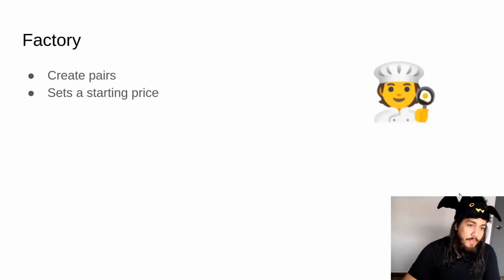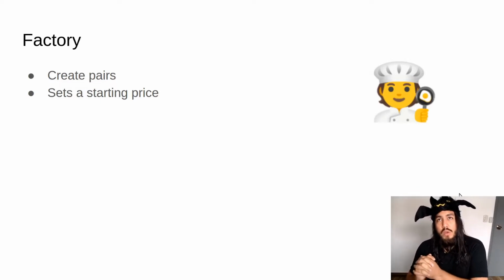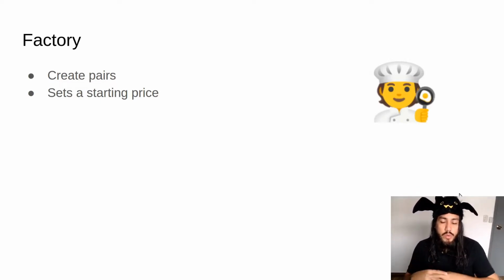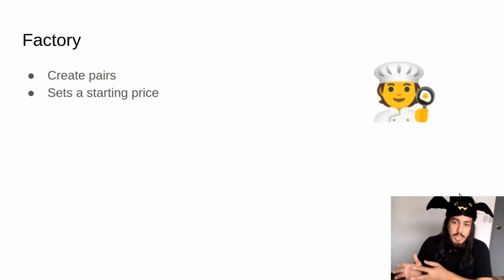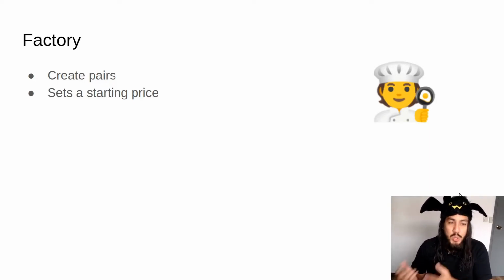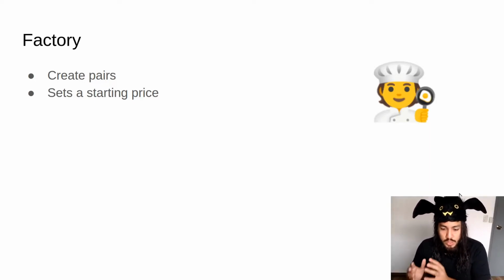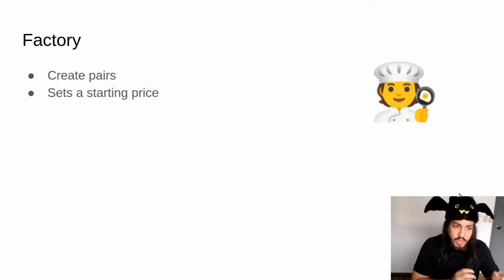The factory is very important because in smart contracts and in programming jargon we call factories the contracts that make other contracts. We also call them chefs or master chef, but it's usually factory. So a factory is a contract that is allowed to create another contract.